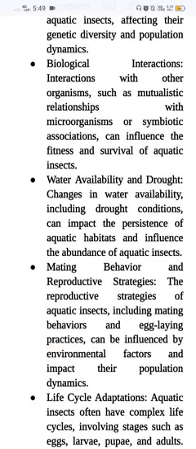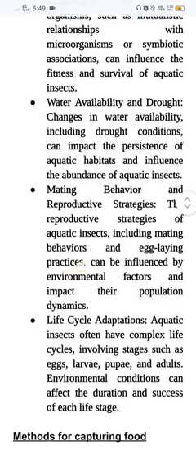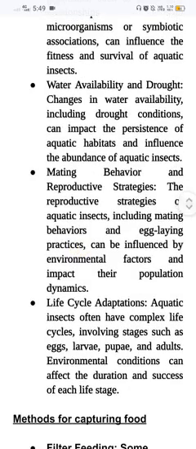Aquatic insects are primarily living inside water. So, if some sort of drought or something influences the water availability, that is going to create problems for them. Then mating behavior and reproductive strategies.